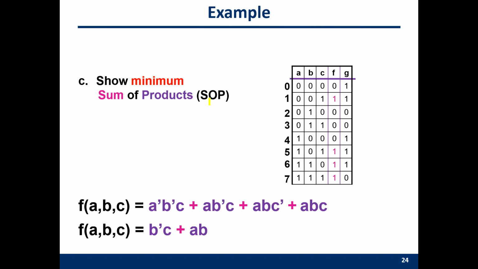And this simplified form is not canonical form. Why? Because we don't have all the variables in each term, and they may not follow the alphabetical or standard order. But with the simplified form, we can reduce the hardware overhead.